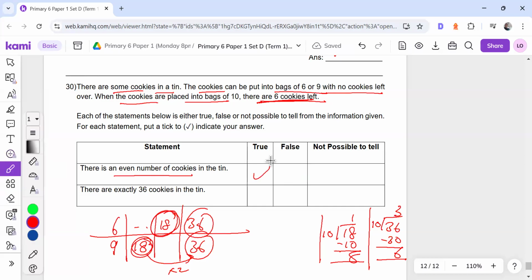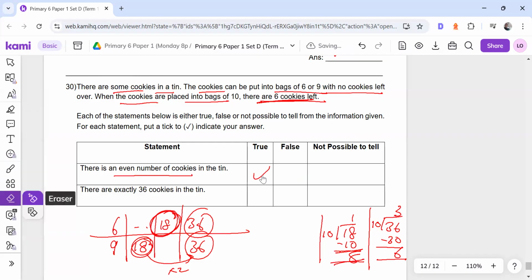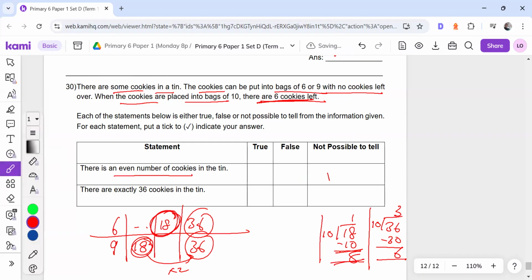Because if you say true, then how about the first common multiple, which I divided by 10, I get remainder 8. So I don't have an answer. Then what is that? Not possible to tell. So for part A, we are not sure. It depends on what multiple you get. If it's 18, then you cannot have 6 cookies left.